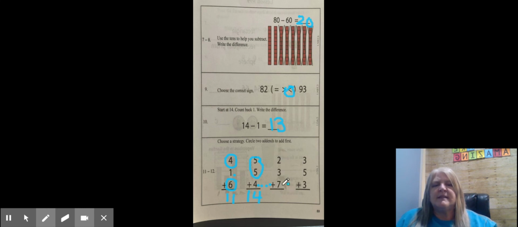2 plus 3 plus 7. There aren't any doubles, so I'm going to make a 10. And the partners of 10 are 3 and 7. So 3 and 7 and 2 more. So 3 plus 7 equals 10, 11, 12. And 3 plus 5 plus 3.